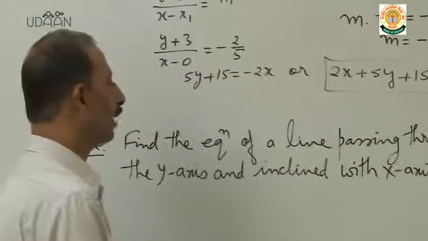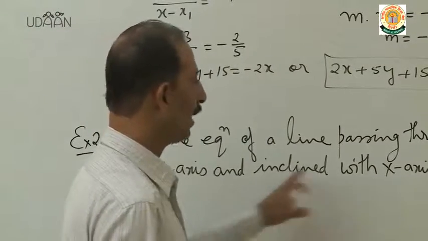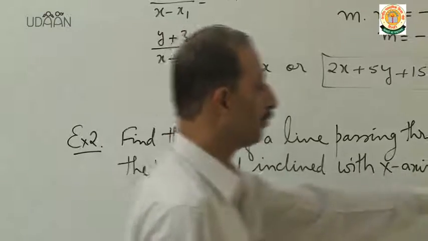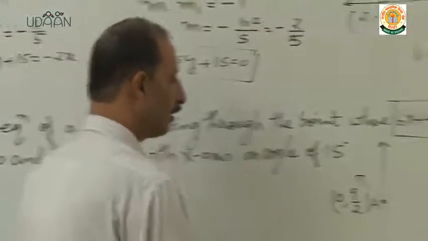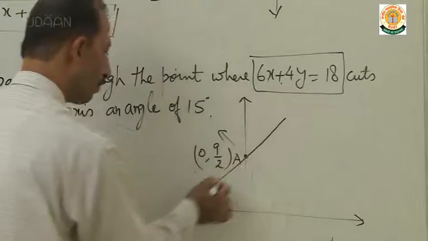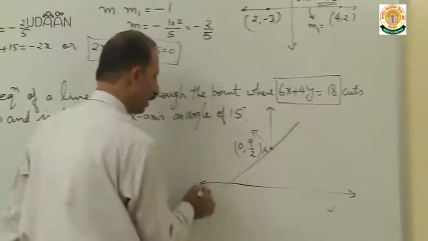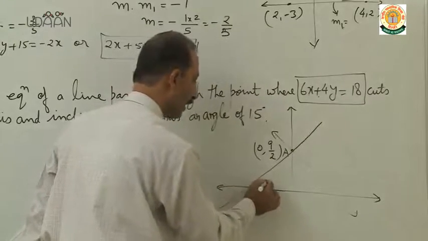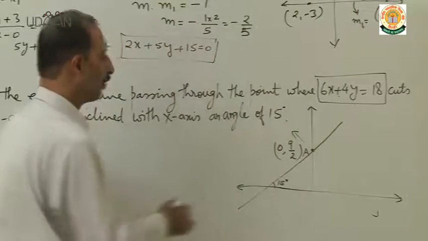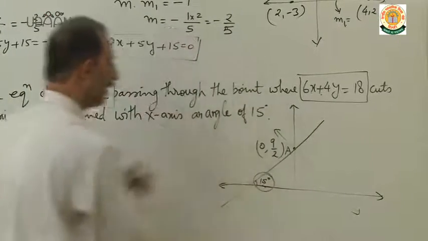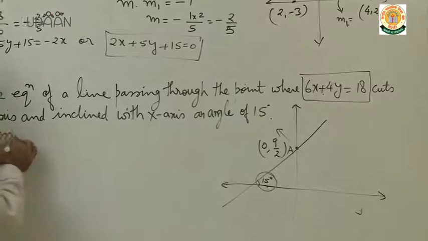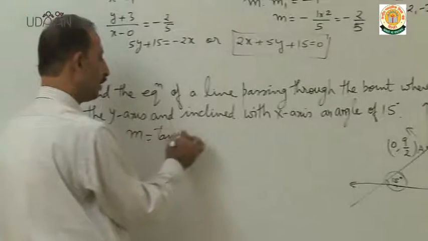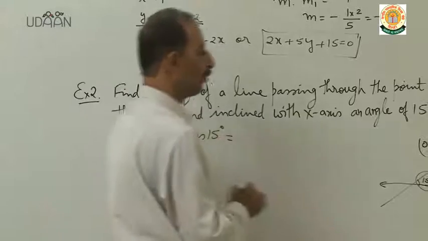And you have to find out the line whose inclination with the x-axis is 15 degrees. It means you have to find out the equation which is passing through this point and makes a 15 degree angle with the x-axis. Now the angle you know, so you can find the slope. Slope is given by the tangent of this angle, tan 15 degrees.